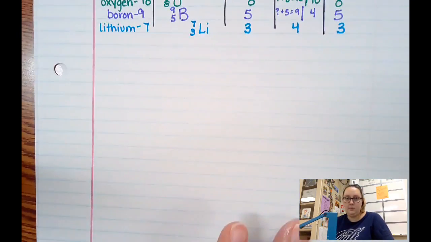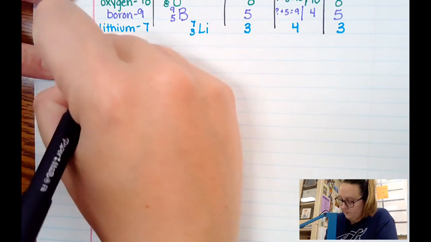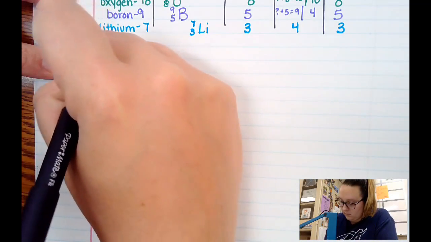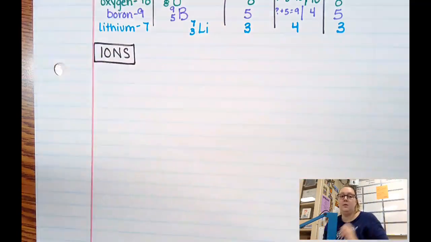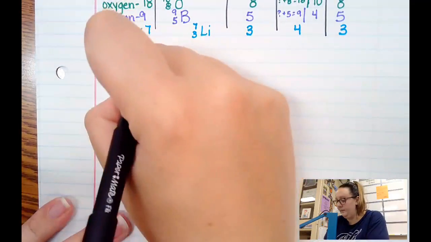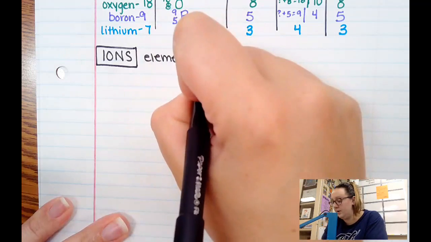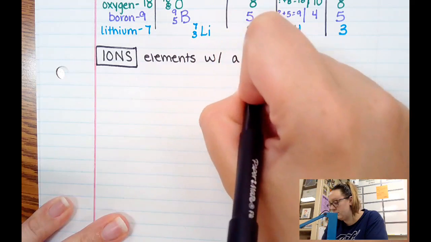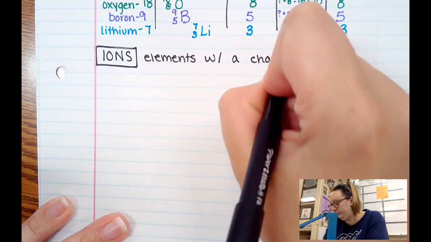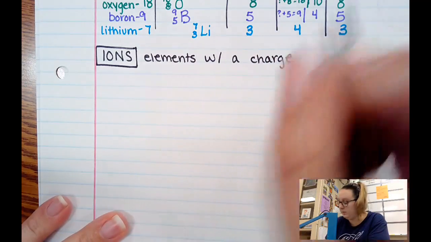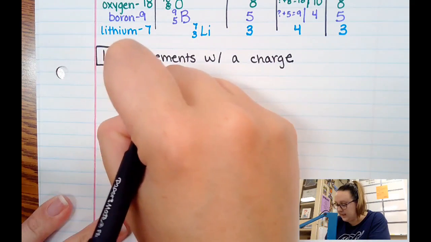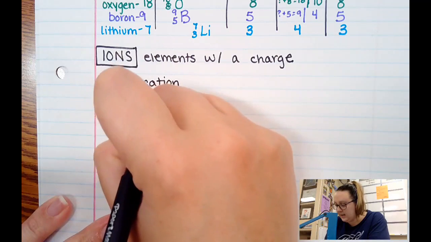Next up, we have ions. And these are elements with a charge. We have two new vocab words, cation, anion.